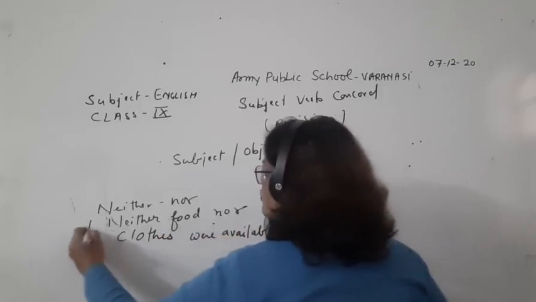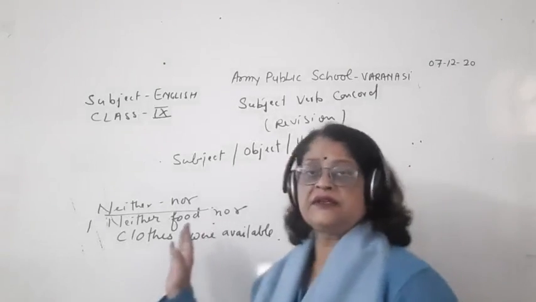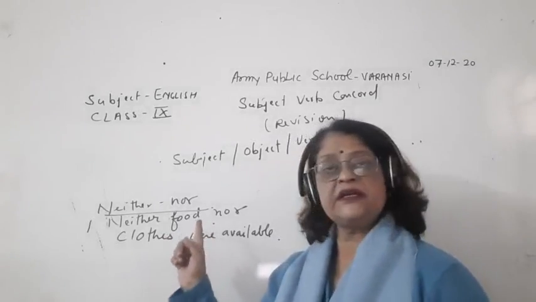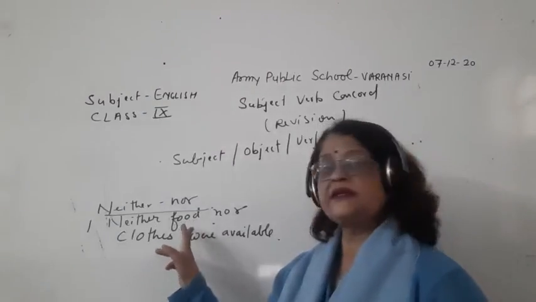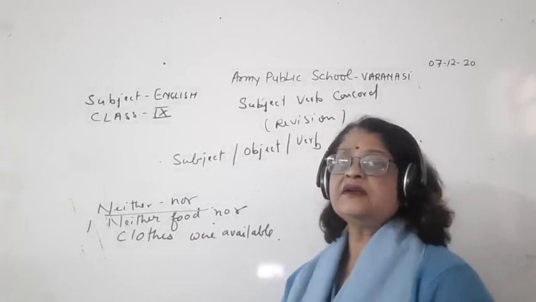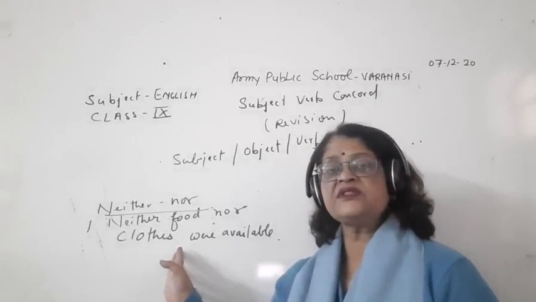Now children, try to understand this. When two nouns are there, what are the two nouns here? One is food and the other is clothes. You have to see the noun which comes later.